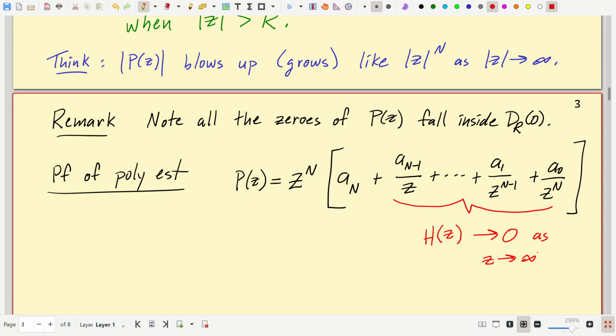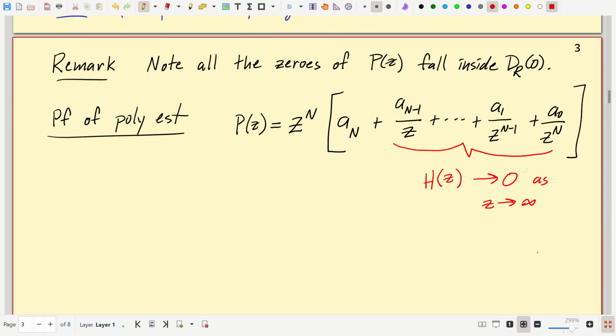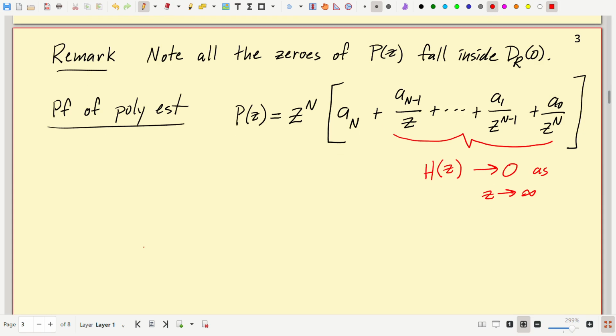Okay, and that's going to be the key. So let's think about a picture here. Here's 0 in the complex plane. a_n is a complex number, and it's not 0. And let's put a pretty small circle here of some radius.